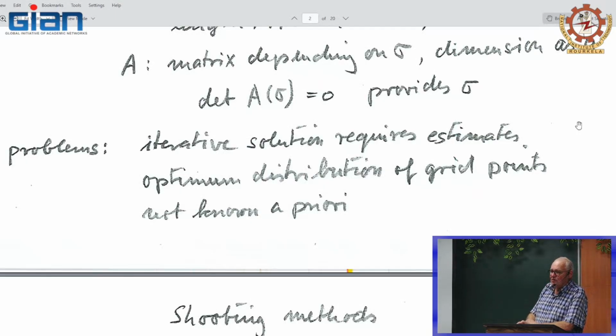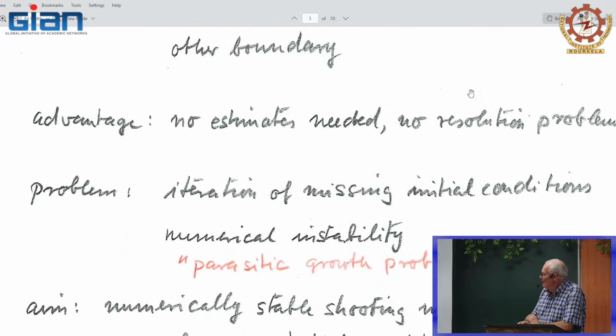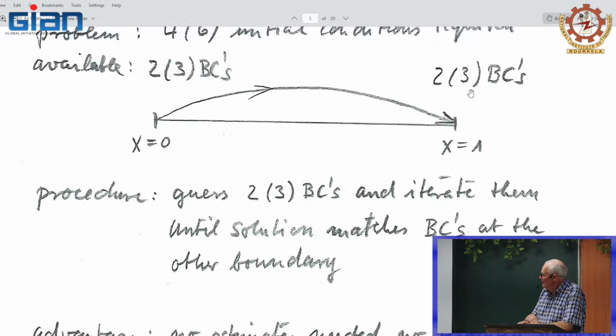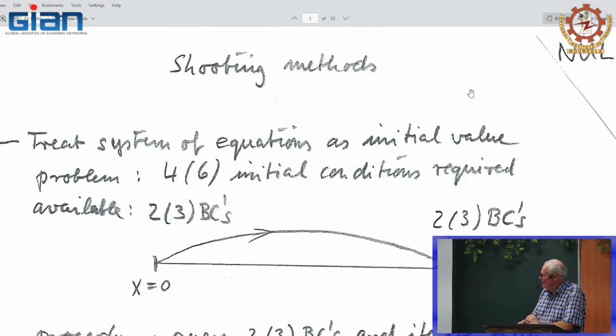Okay, an alternative is the shooting method. What is a shooting method?